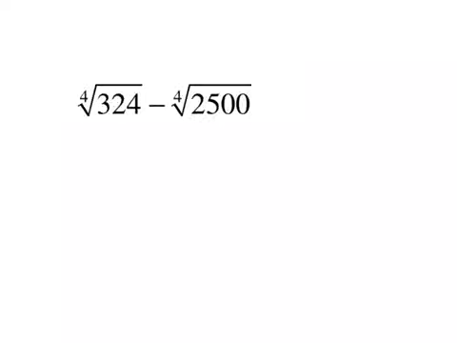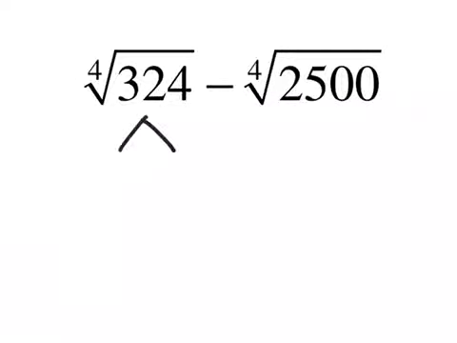So when we're looking at this, we want to look for perfect fourth roots. So I would take that 324, and I'm just going to start dividing it by some of my perfect fourth roots and see if we can get any simplifying. Now, 2 to the fourth power is 16, and 324 does not divide evenly by 16. So we could try 3 to the fourth, which is 81, and that one works.